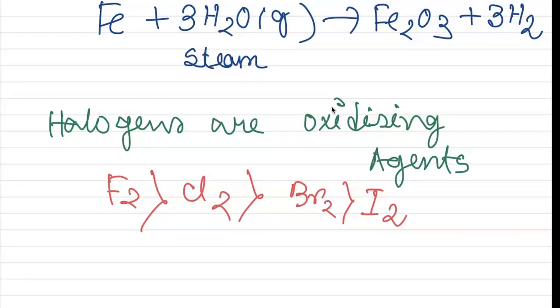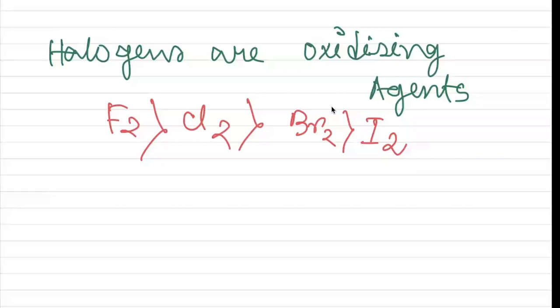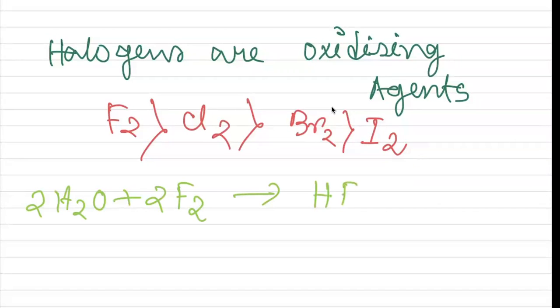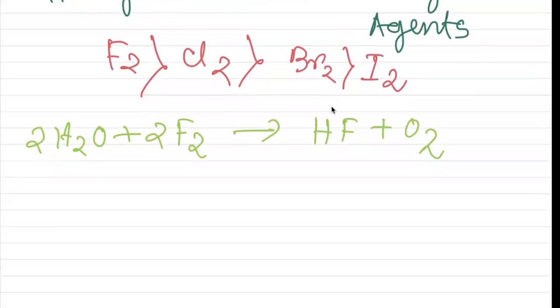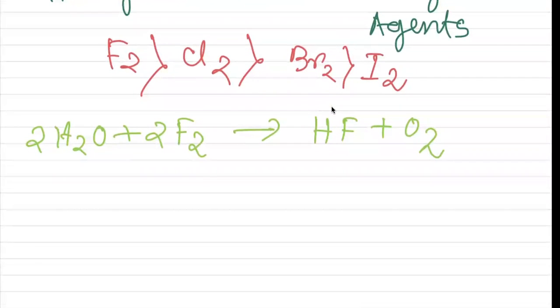Okay, now let's see a few reactions. When F2 and water react, it forms HF plus O2. See, fluorine is replacing oxygen.